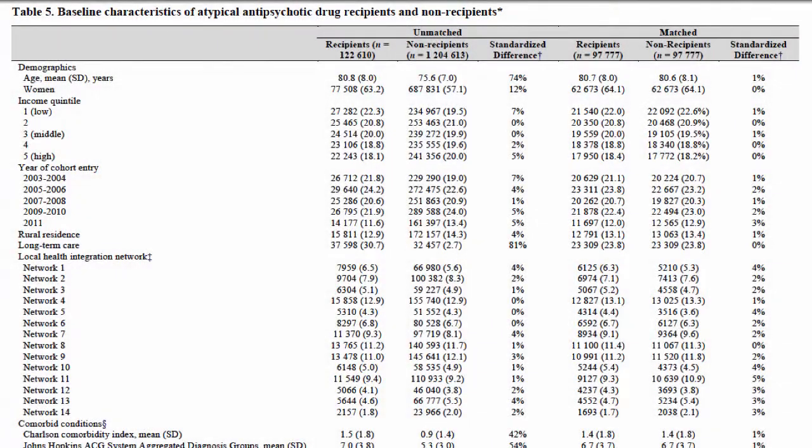The traditional Table 1 that shows the characteristics of patients who received the medication versus those who didn't is in a supplement in this article rather than the body of the article. There is a copy of this supplement on Canvas. If we look at the relevant table, we can see that the patients who took an atypical antipsychotic were quite different from patients who didn't.